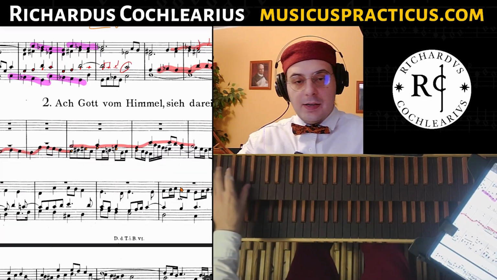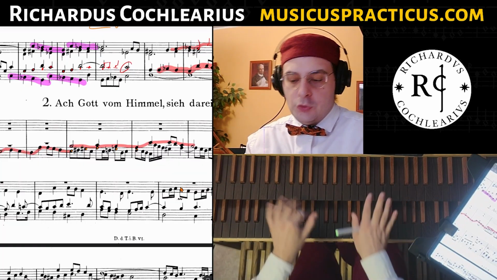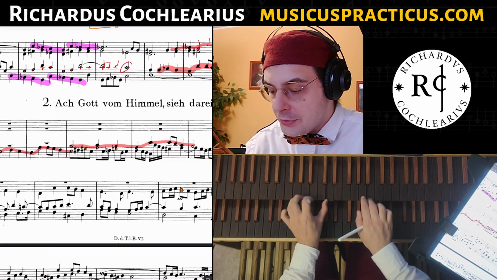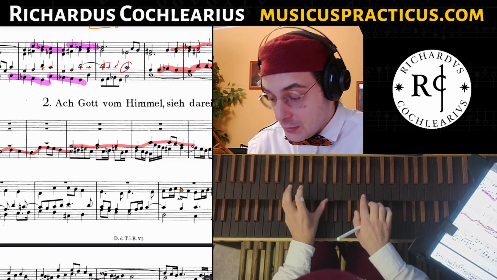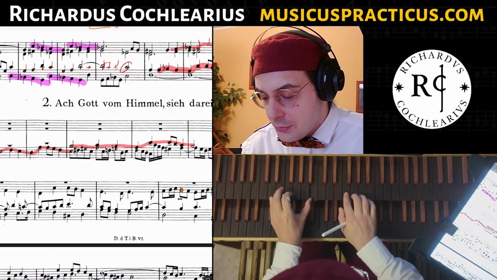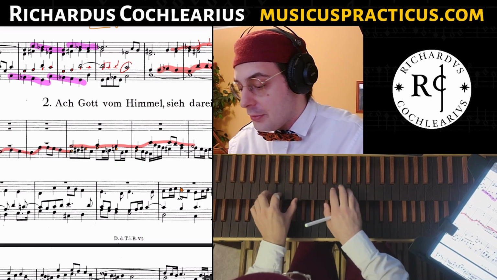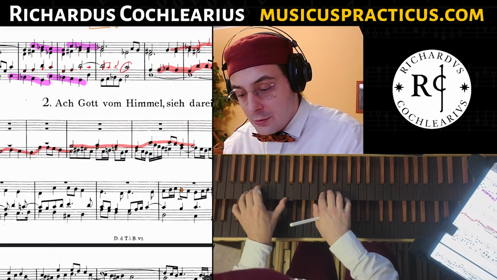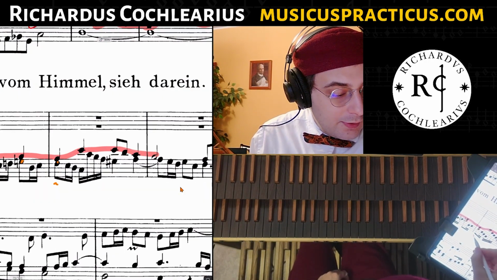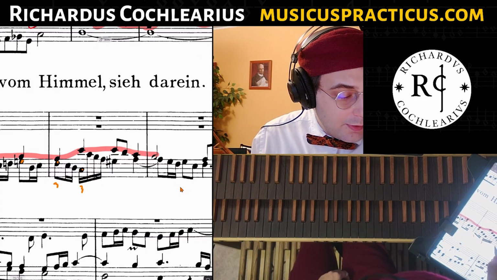This way we can have a descending scale in the middle and 2 voices. Parallel thirds. 3, 3, 3, 3, 3. Good. Then 3, as you can see, even here, 3, 6, 3, and then suspension.